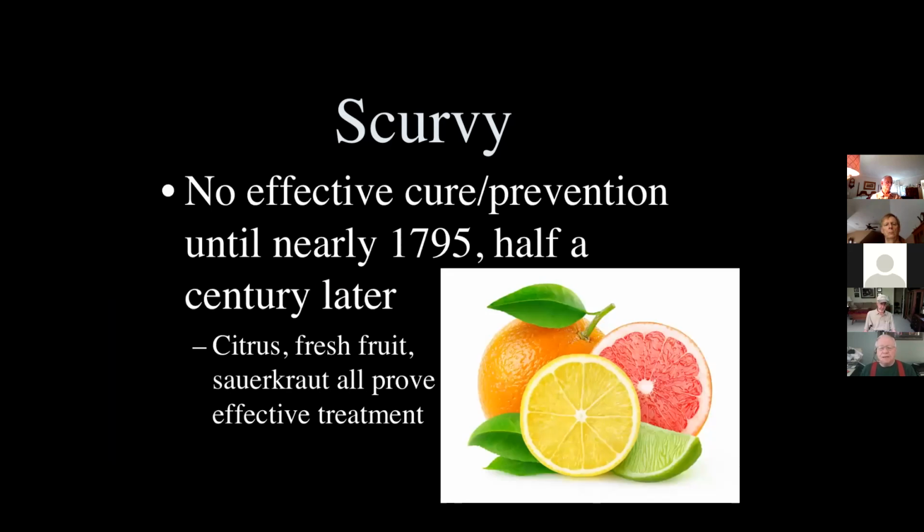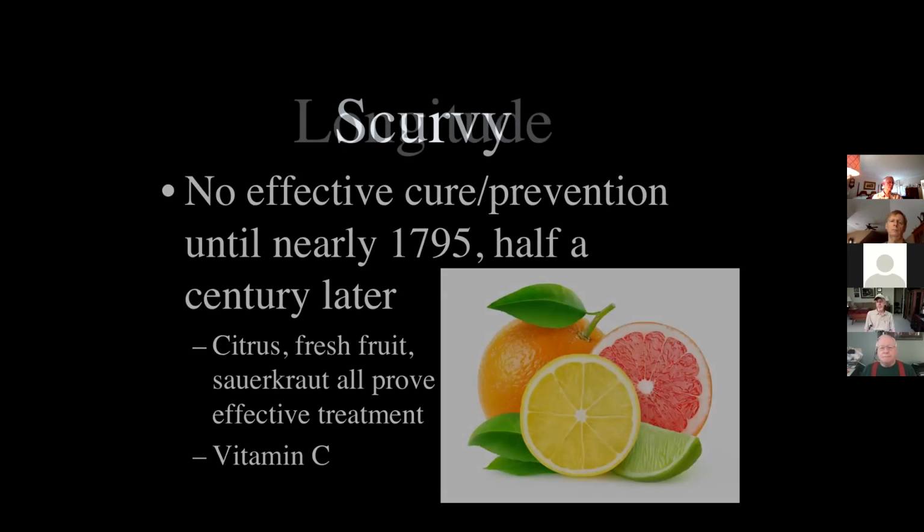Turns out that the most effective cure for scurvy was citrus fruit, other kinds of fresh fruit, even sauerkraut. And we eventually, of course, later on, medical science showed that the reason for scurvy was a vitamin C deficiency, and that's why these various things worked to get it cured.